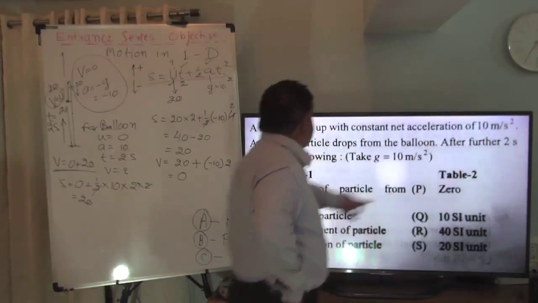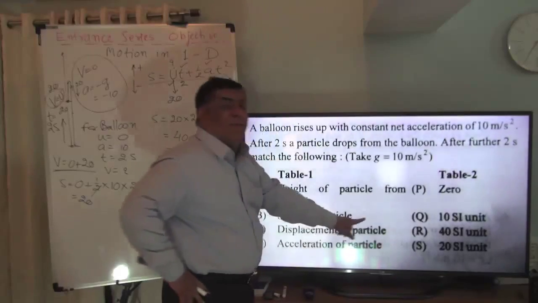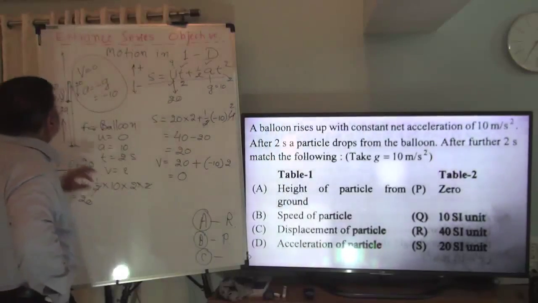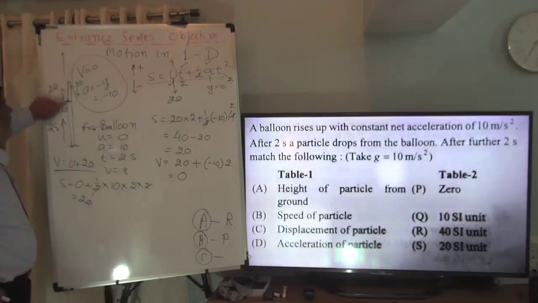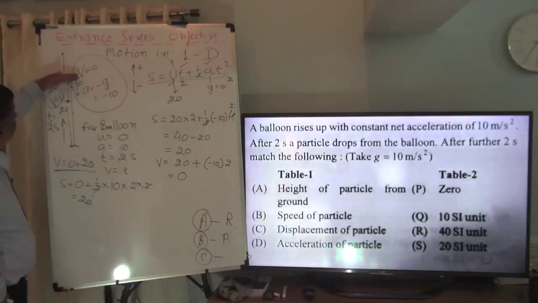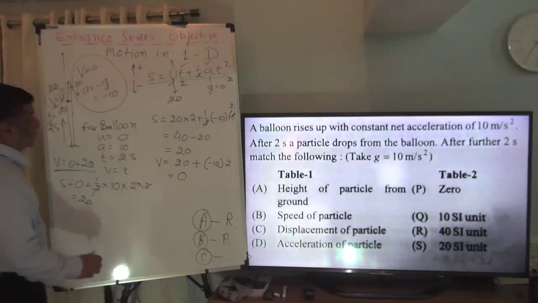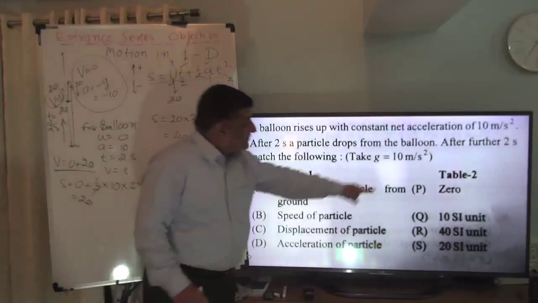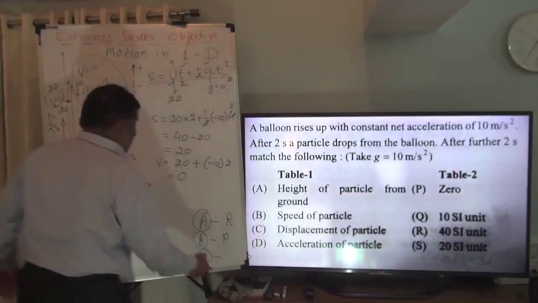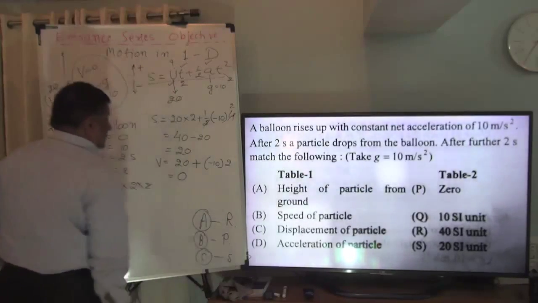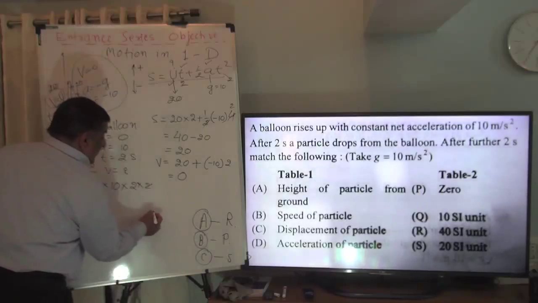After a further 2 seconds, how much is the displacement of the particle? So in the next 2 seconds, the displacement is 40 minus 20, that is 20, and 20 is S. So C matches with S, and then D remains.